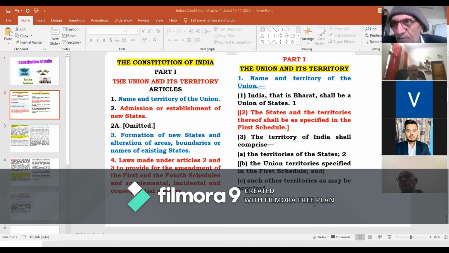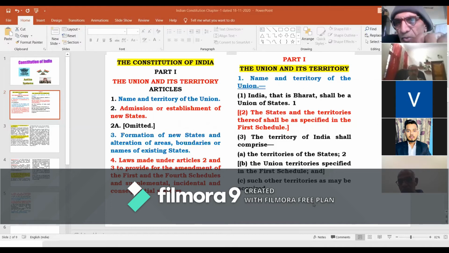We, the people of India, have adopted and given to ourselves this constitution under which India, that is Bharat, shall be a union of states. Now, the second clause: the states and the territories thereof shall be as specified in the First Schedule.